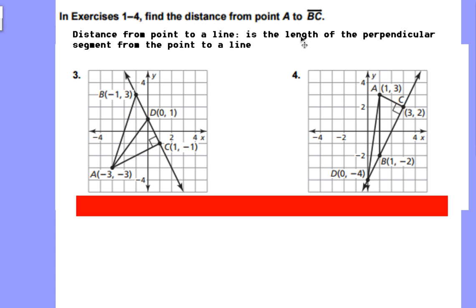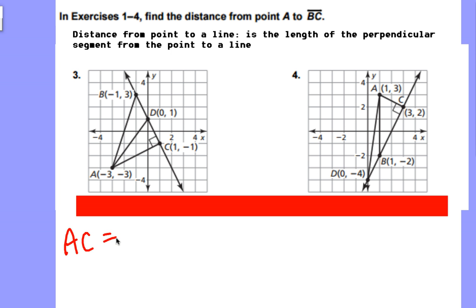Now, if that's the case, I'm looking for the distance from the point A to its perpendicular segment to the line. So what I'm really trying to focus on here is finding the distance of, in this case, AC.